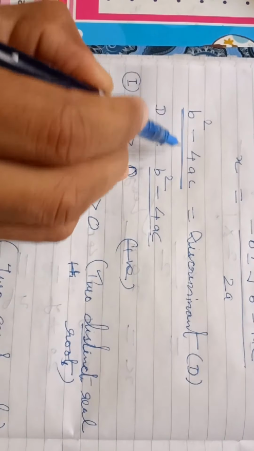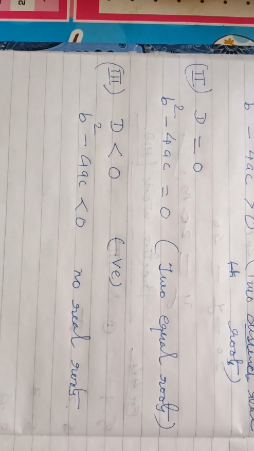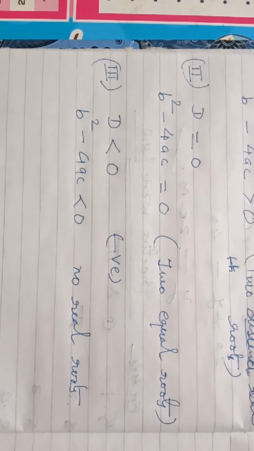So we should apply the importance of nature of roots in our daily routine problems, the problems which are based on quadratic equations. We should decide whether the given situation or conditions will be possible or not.